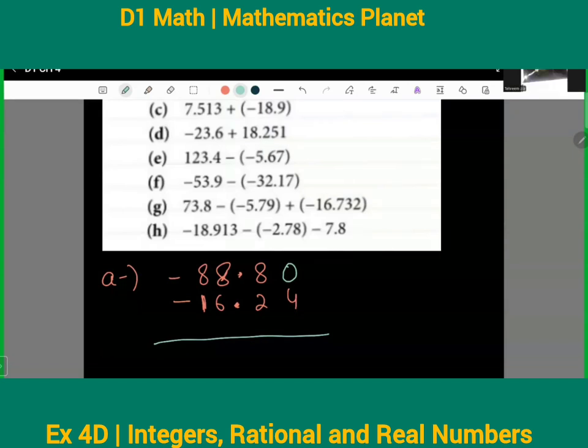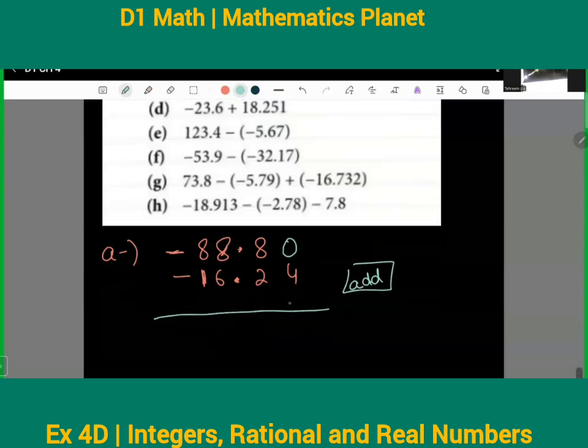After putting the 0, you have to see the signs. Both of the signs, we have the same signs. Whenever we have same signs, we need to either add or subtract. Tell me. Add. We have same signs, so we need to add them. Okay.